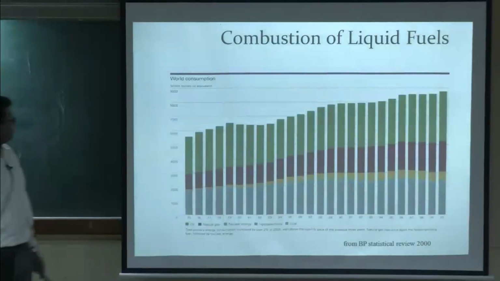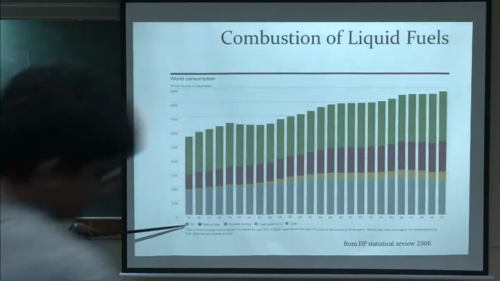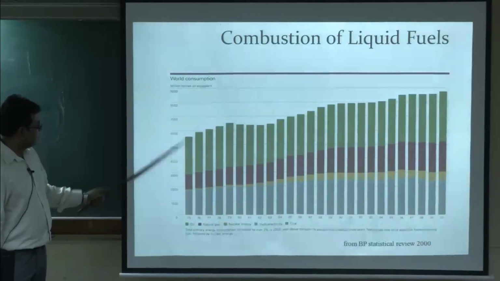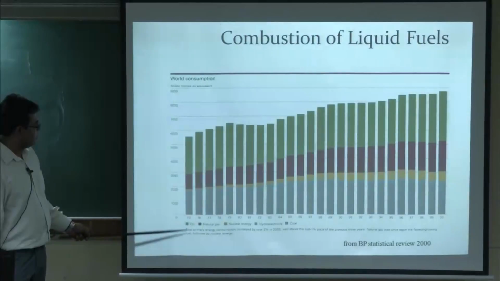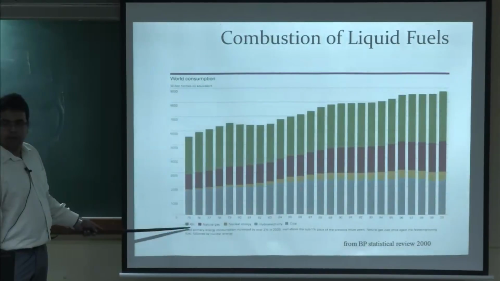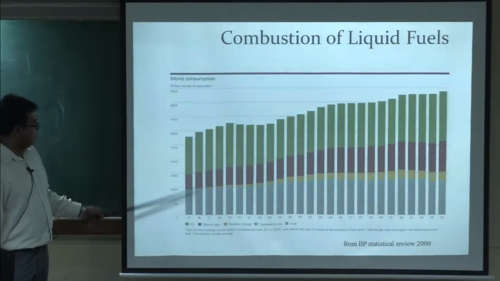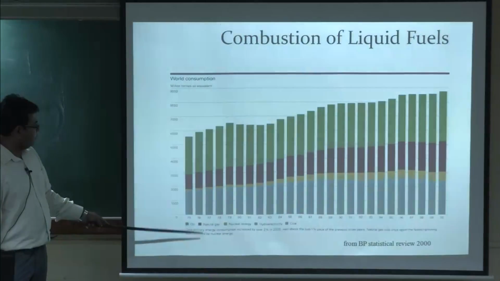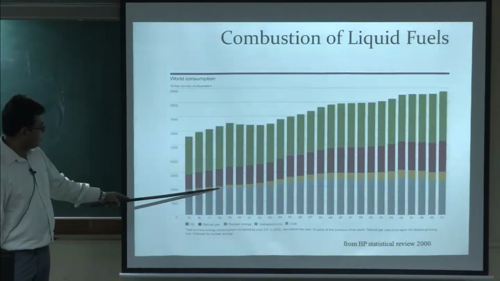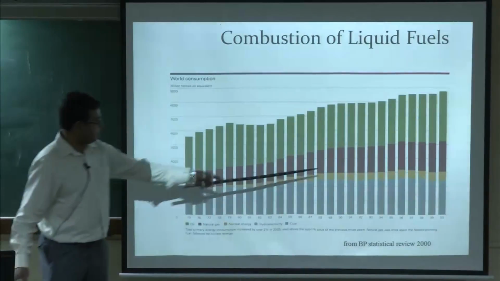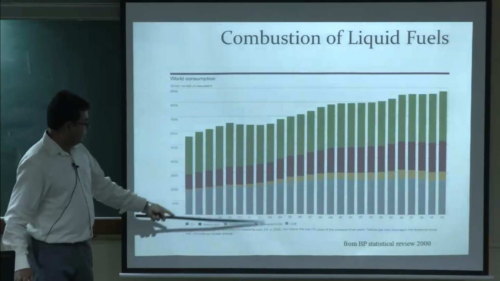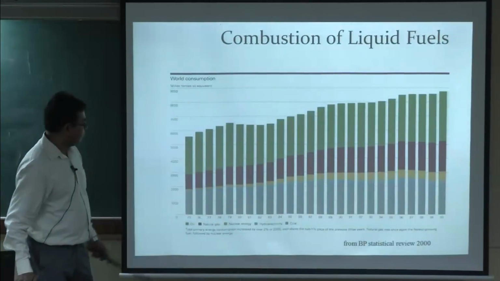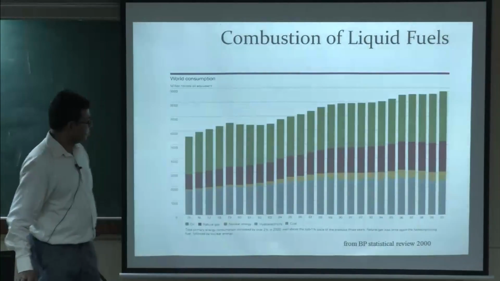As you see, more than 50% of the energy that is being produced comes from oil. Only the red one is basically the natural gas, and then nuclear energy is only this much, which is growing, of course, and then hydroelectricity, and coal combustion.